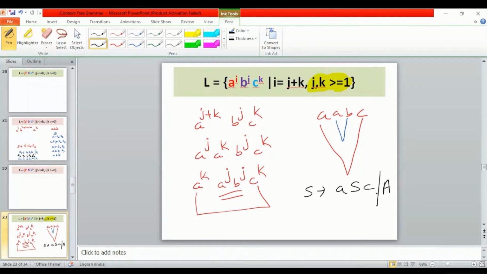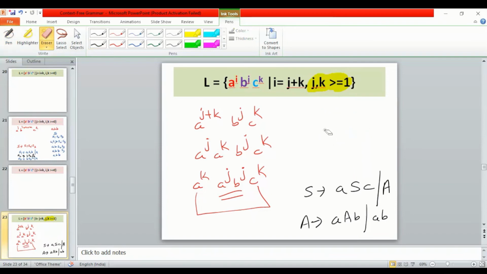So I will replace S with non-terminal A. Now if I replace A with small a, capital A, B, and AB, because J and K are greater than or equal to 1, then we are able to derive some strings, but some modification is still required.